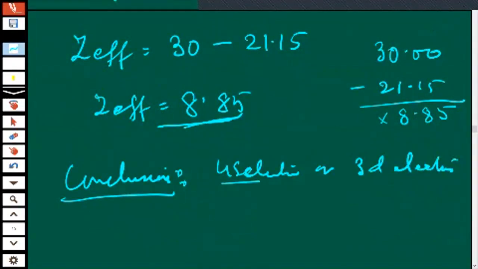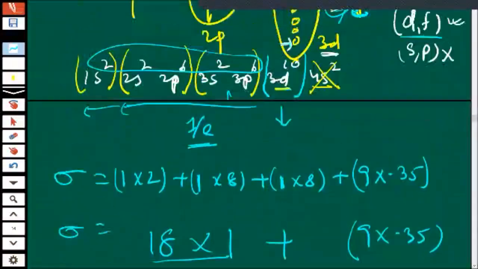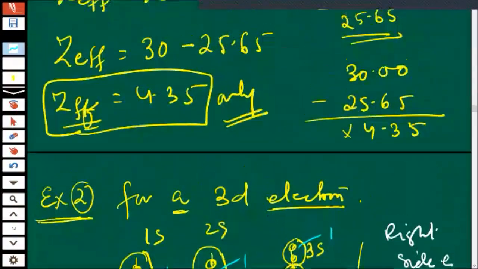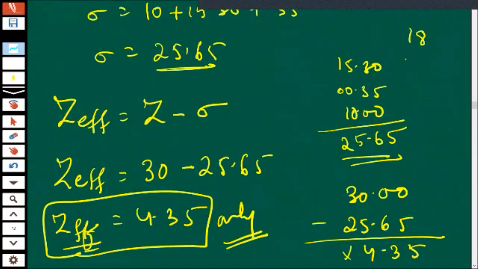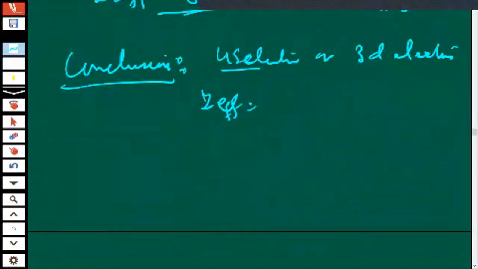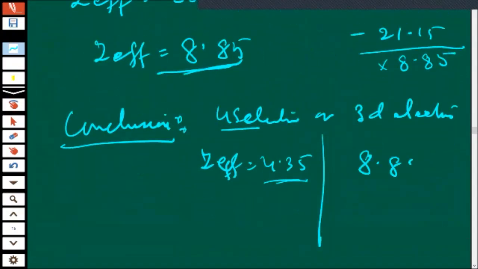Why 4s? Zeff for 4s was 4.35, and for 3d it is 8.85.